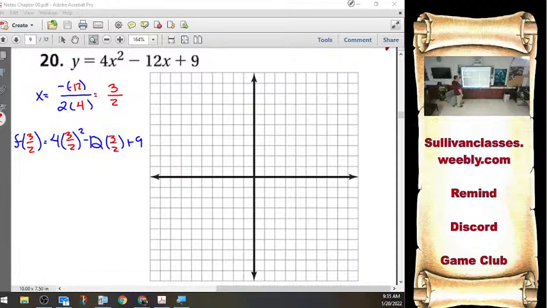Does 9/4 cancel? 9, 9 minus 12, negative 36 halves. It's 18, 9 minus 18 plus 9, 0? Oh, it's a perfect, okay. Y'all recognize perfect square trinomial? Okay. That means its vertex is at 0.